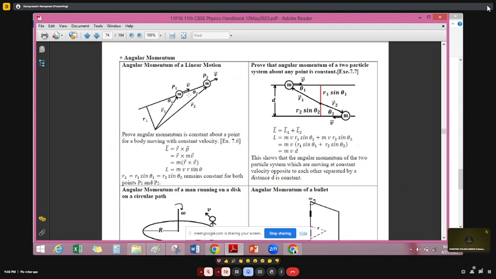Even though the particle is moving in a straight line, the theta will change, but the R perpendicular will not change. Because of that, the angular momentum about a point will not change for any body which is moving in a straight line.